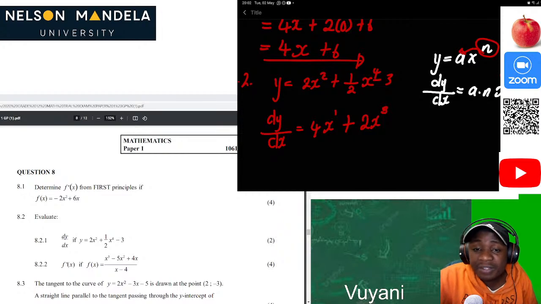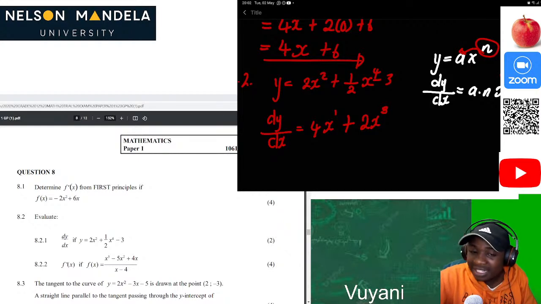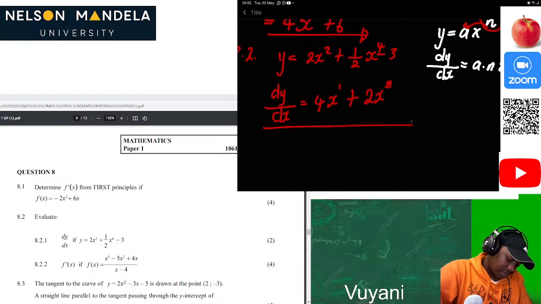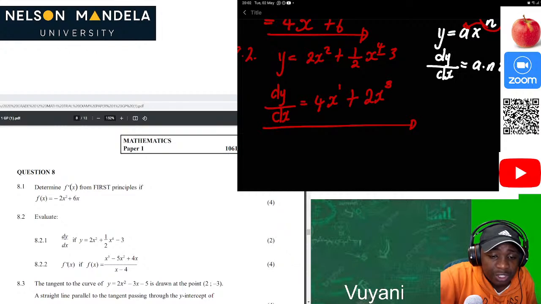Then the derivative of a constant is always 0. It doesn't change. So guys, always know that the derivative of a constant is always 0. So then therefore we have our dy over dx. Great.